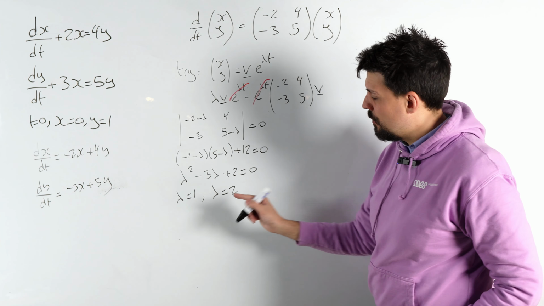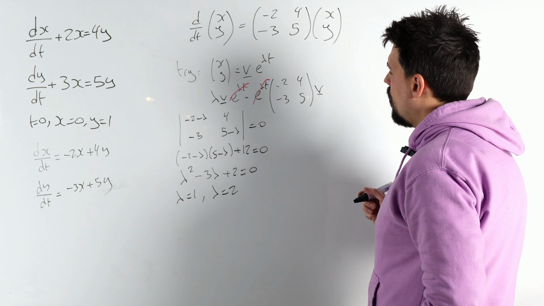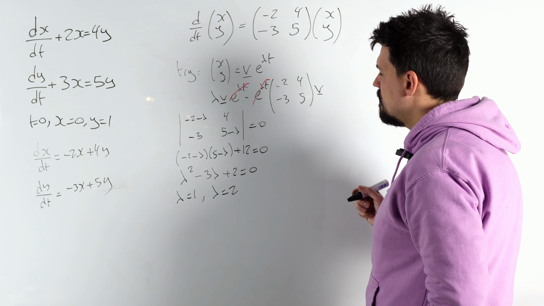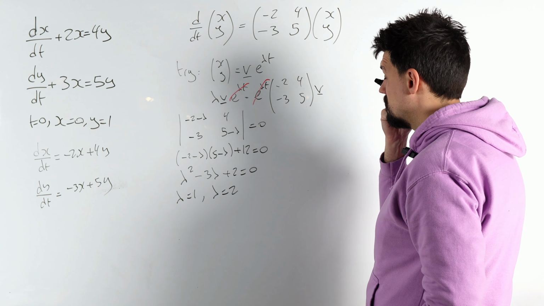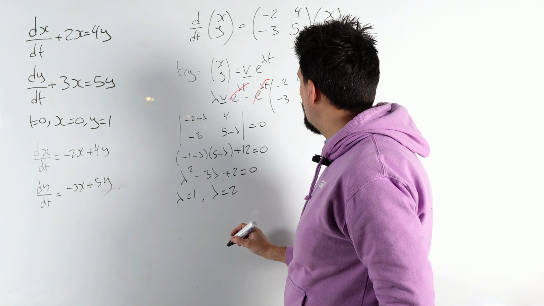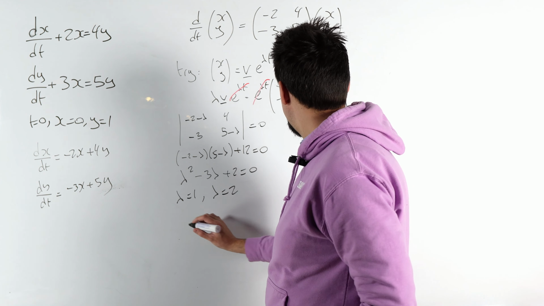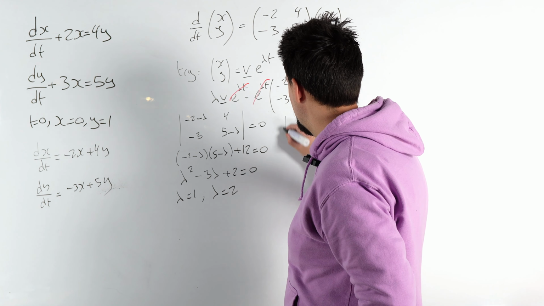If you watch my previous video, this should ring a bell. Now let's take the corresponding eigenvectors. If lambda is 1, let's take lambda is 1 over here.